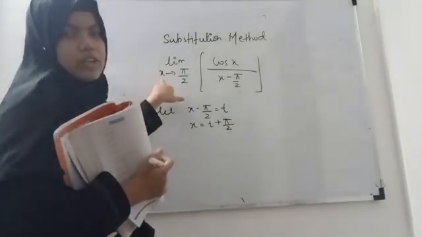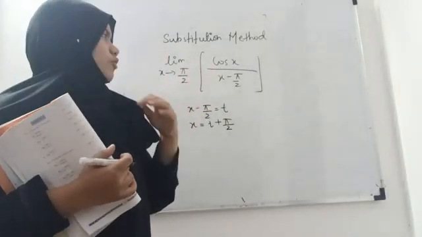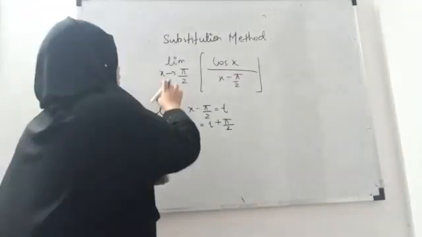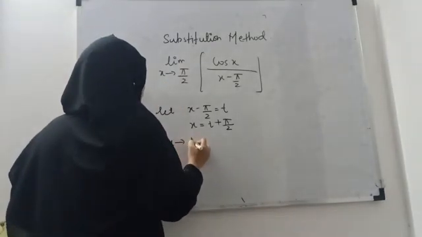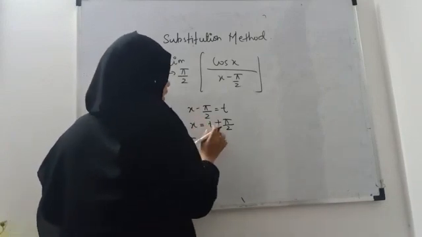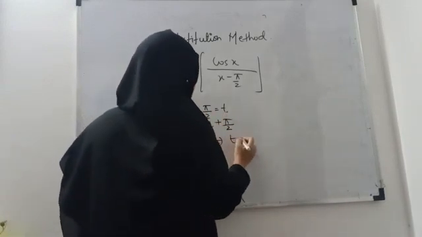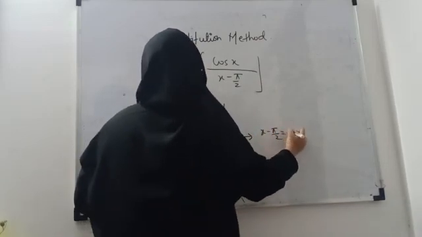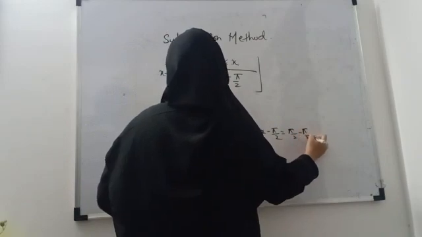So that's why we have to find out the limit for the new variable t as well. So whenever x tends to pi by 2, then t will tend to what? t is x minus pi by 2, which is equal to pi by 2 minus pi by 2, which is equal to 0.